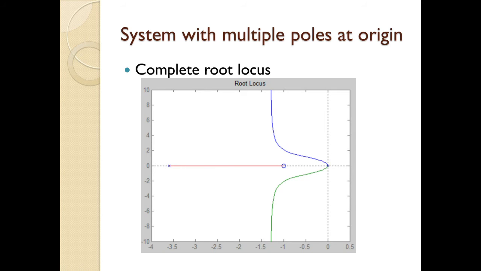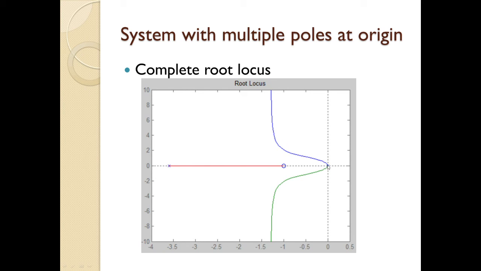From the pole at minus 3.6, the locus will go to the zero. That means this red line has originated from the open loop pole location minus 3.6, and it will terminate at the minus 1 location.